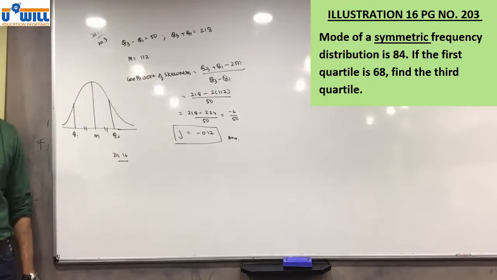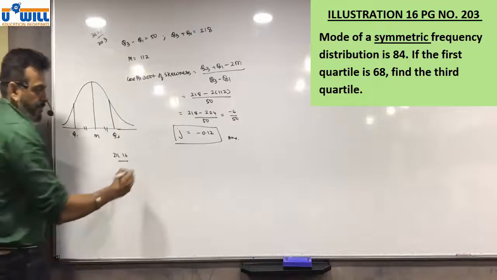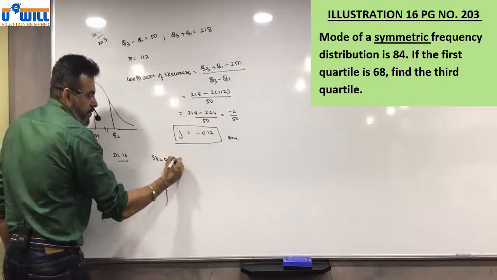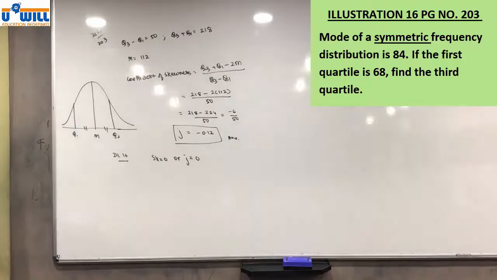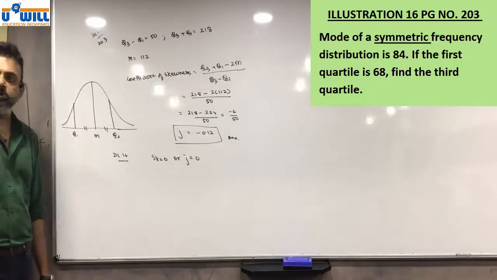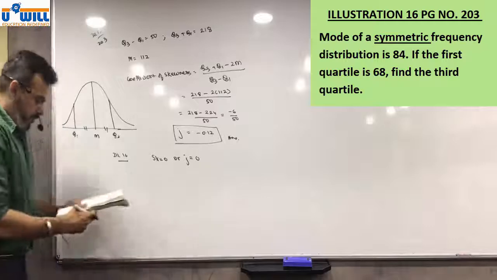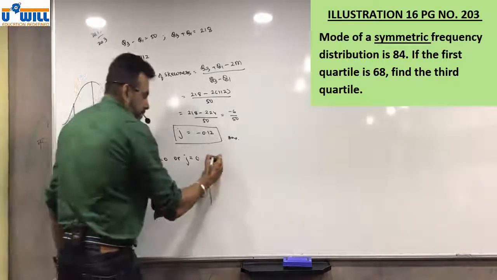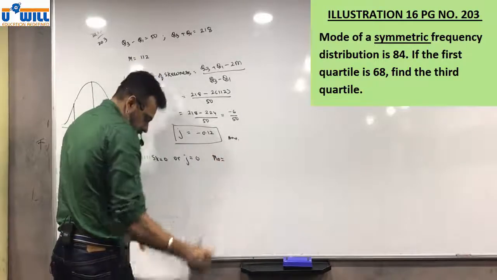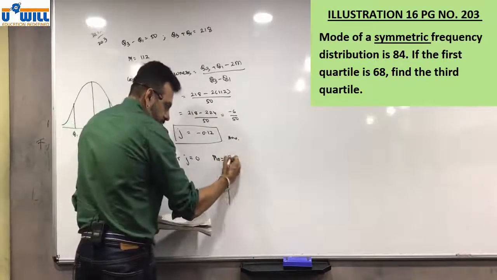So whether you use Sk is equal to 0, or you take J is equal to 0, it makes no difference. If skewness is 0, coefficient is also 0. Now what is given? Mode is given. Mode is equal to 84.